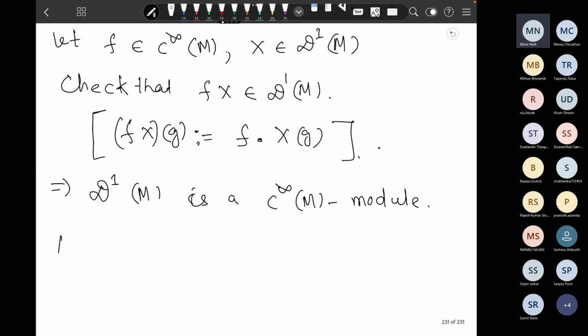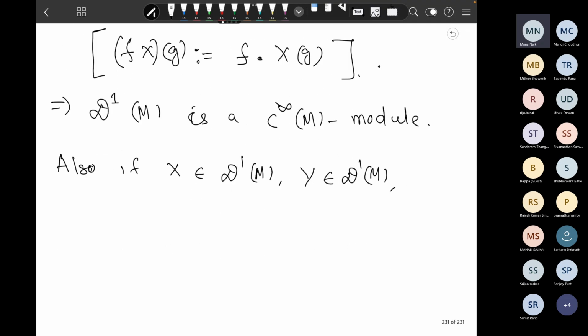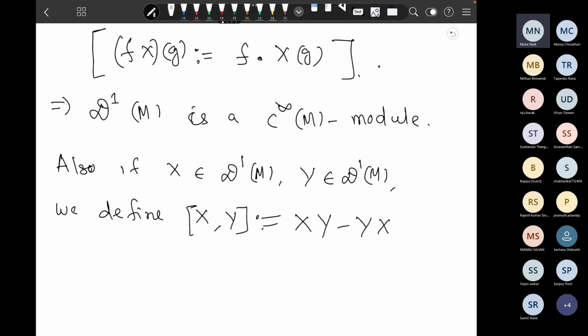And also, if X belongs to D1 M and Y belongs to D1 M, we define the bracket of X and Y as the composition X Y minus Y X. Check that this is also a vector field.